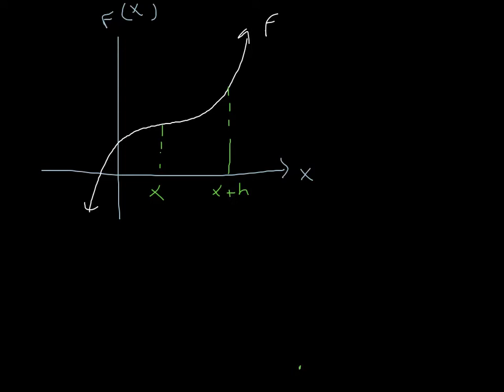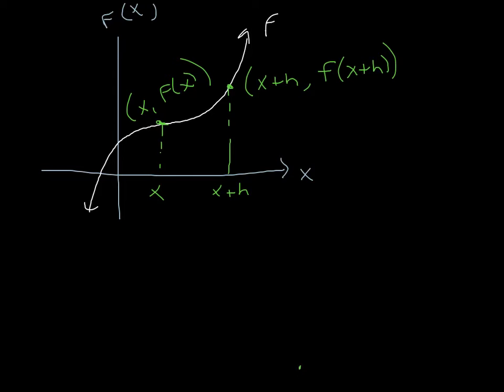So if we look at the ordered pairs, this ordered pair here would be the point x and f of x. Okay? What about the second one? What would we call that? Well, that ordered pair, the x value is x plus h, because we've now moved over. And the second part, the range value, would be f of x plus h.